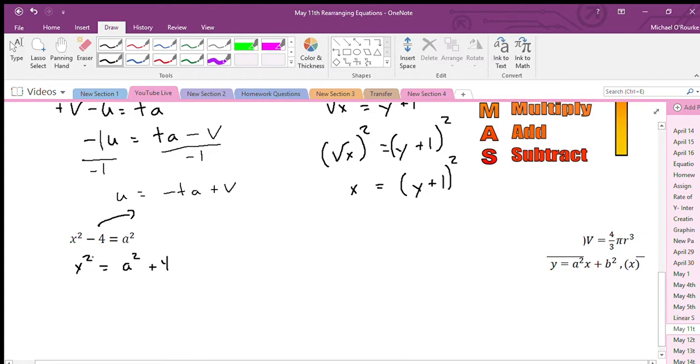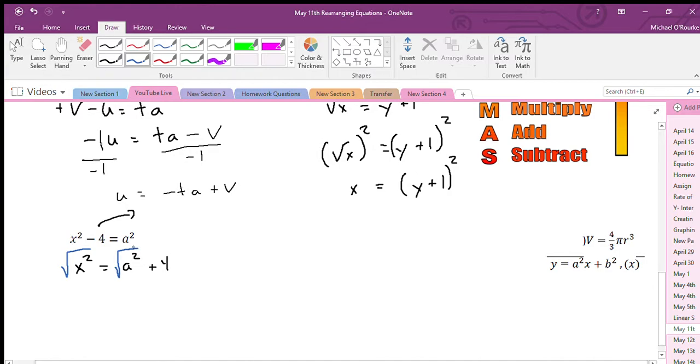Now we have a square here. So we have to look at what's the inverse operation of square. Well, we had a square root up here, and the inverse of that was a square. So for a square, the inverse operation would be to square root it. So we're going to square root both sides.